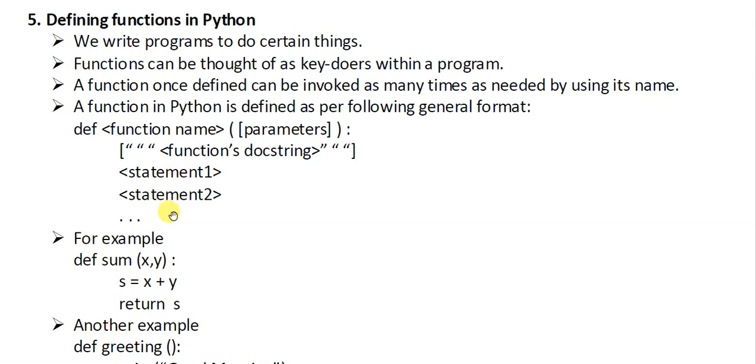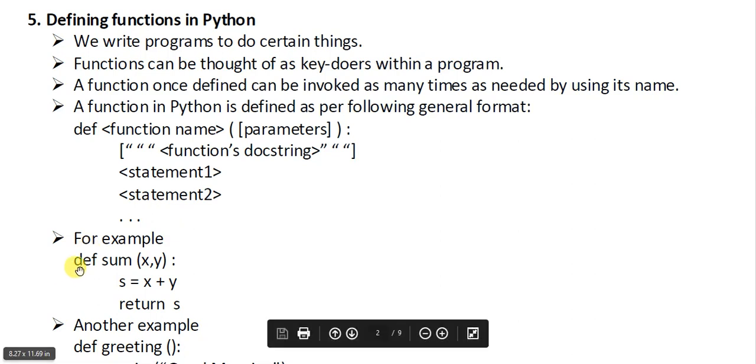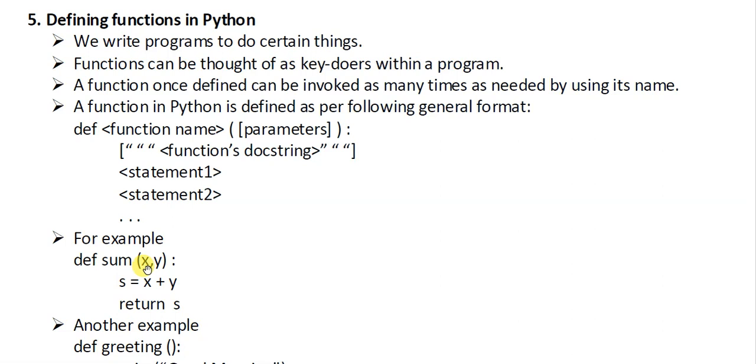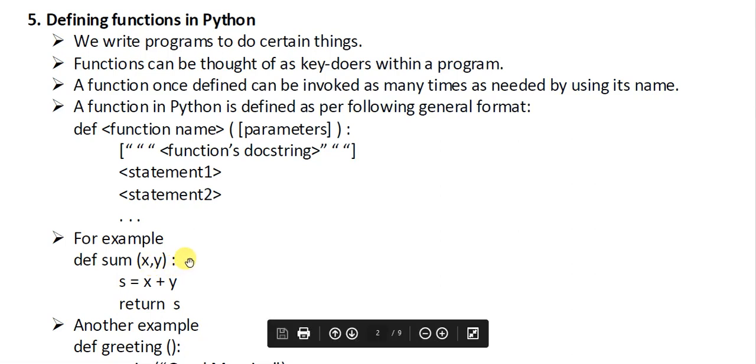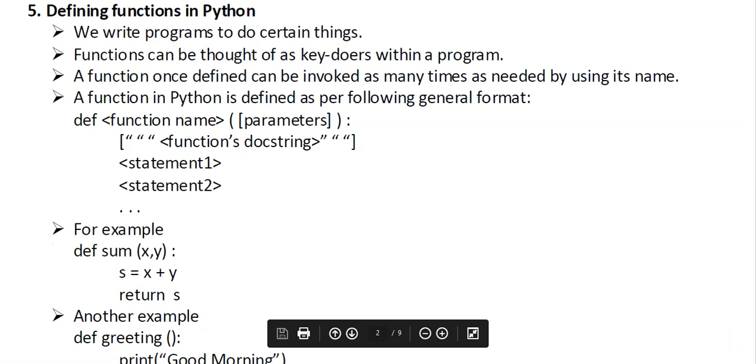For example, a function to add two numbers. How will you write it? Def, the name of the function is sum, then you make the brackets, and in the brackets you provide the values x comma y. These are the two values that will be added. Then followed by a colon sign.